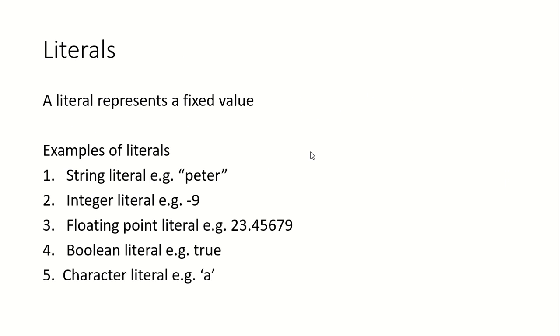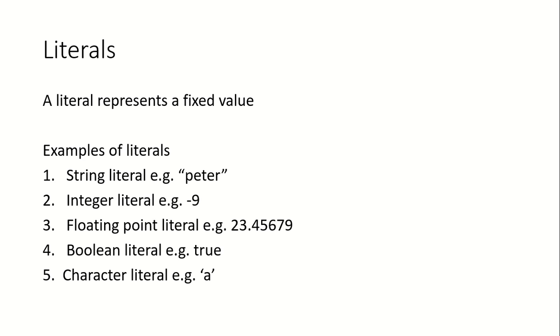Literals. A literal represents a fixed value. Examples of literals. 1. String literal, e.g. Peter. Peter is a string literal that is made up of 5 characters. 2. Integer literal, e.g. -9. In this example, we have a negative integer literal, -9. 3. Floating point literals. Floating point literals are literals that have decimal places in them.